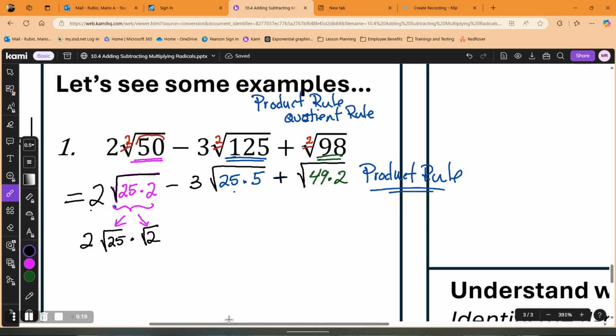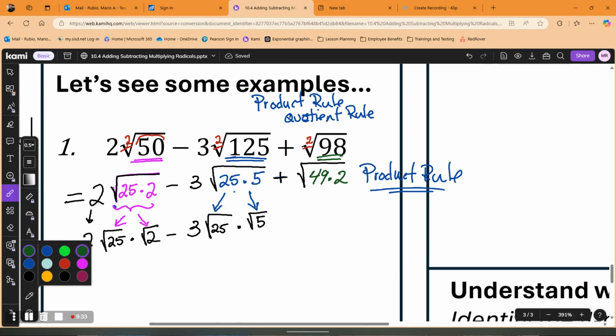And I'm going to carry down my 2 here. This one I'll bring down the 3, and I can rewrite it as the square root of 25 times the square root of 5. And then the last one, there's no coefficient in the front, so I don't bring anything down.